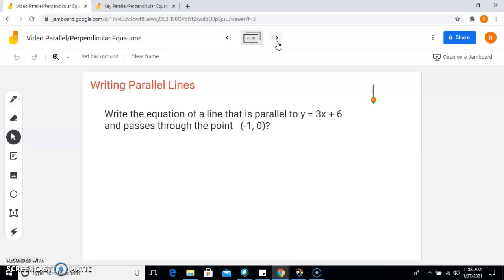So basically what they're saying is on my coordinate plane, my first line, y equals 3x plus 6, would be somewhere on my graph like this. We are going to be writing a parallel line that's passing through the point negative 1, 0. So what we're going to be doing is writing the equation for this other line that would be running parallel to it.